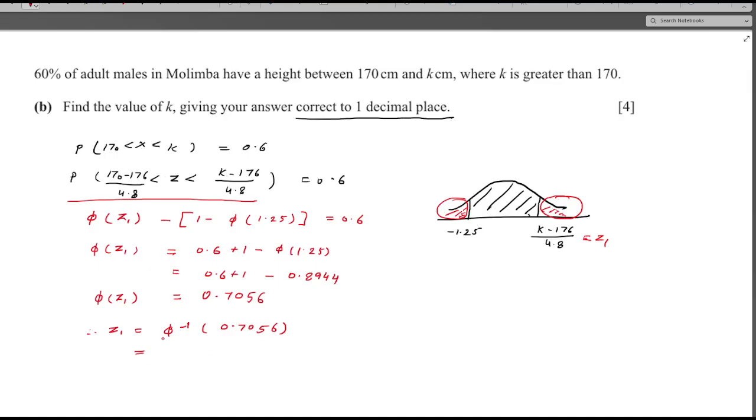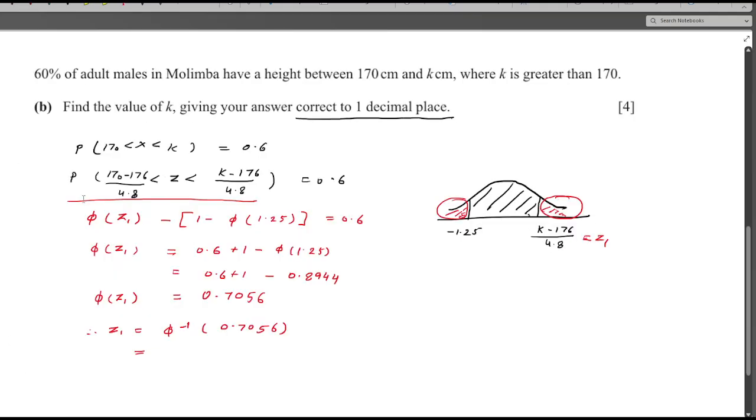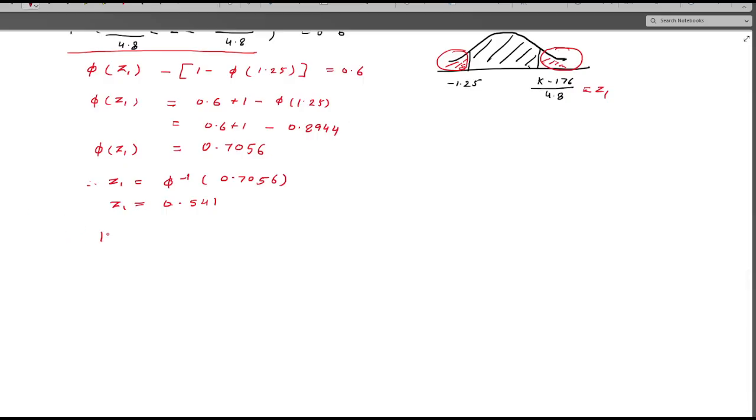Now for phi inverse of 0.7056, I will look at this table. 0.7054 I can see here. In this I have to add 2, so the result will be 0.541. So this is your z1.